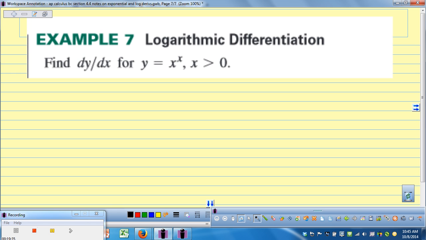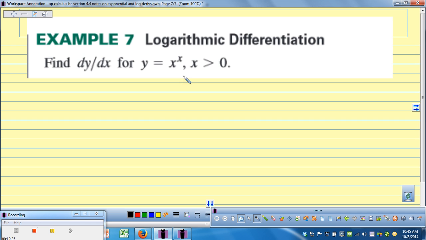This is called logarithmic differentiation. So we have done a lot of derivative rules. Power rule is when we have x to a number, correct? So x cubed, we know how to take the derivative of that. Using power rule, it becomes 3x squared, good. But we have now talked about when we have x to a function of x.